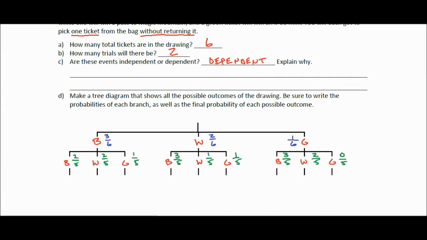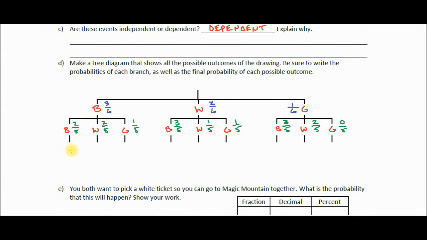Let's multiply our probabilities. 3/6 times 2/5 is 6 over 30. 3/6 times 2/5, again, 6 over 30. 3/6 times 1/5 is 3 over 30. 2/6 and 3/5 is 6 over 30. 2/6 and 1/5 is 2 over 30. 2/6 and 1/5 is also 2 over 30. 1/6 and 3/5 is now 3 over 30. 1/6 and 2/5 is 2 over 30.